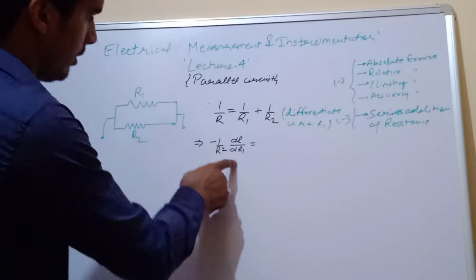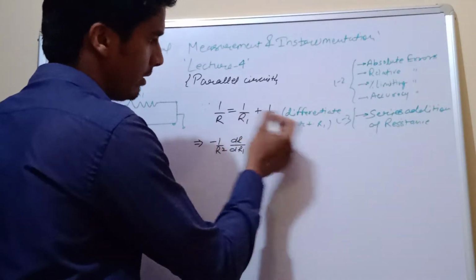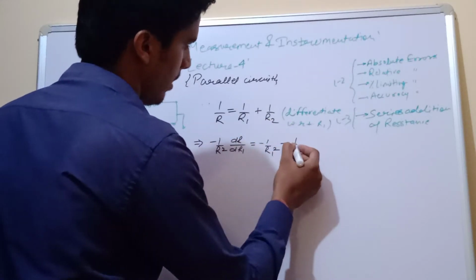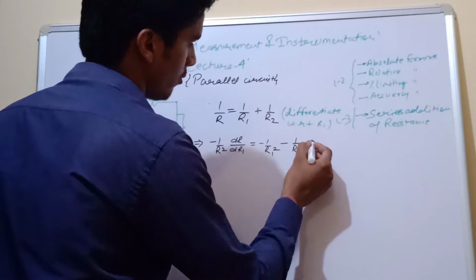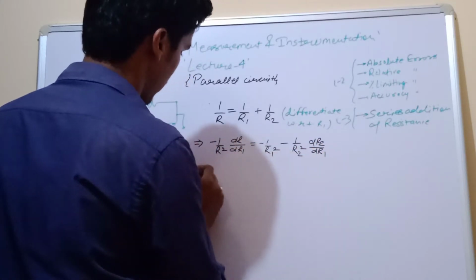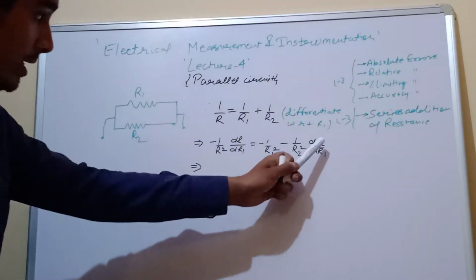So we have got this expression. For R1 we add this term, so it will be minus 1 upon R1 square, and again minus 1 upon R2 square dR2 upon dR1.